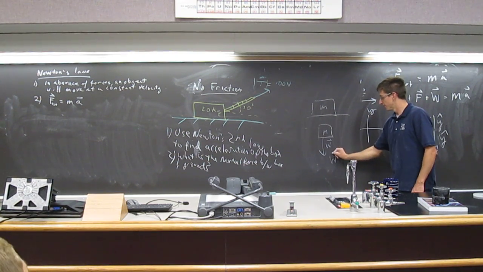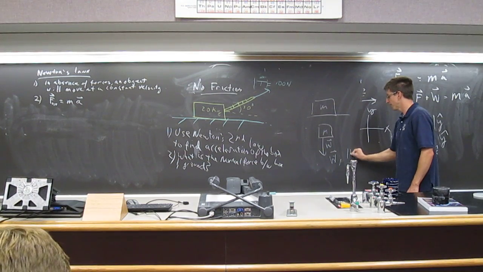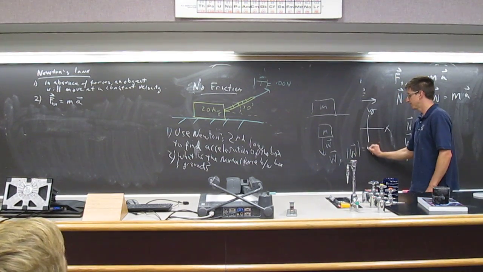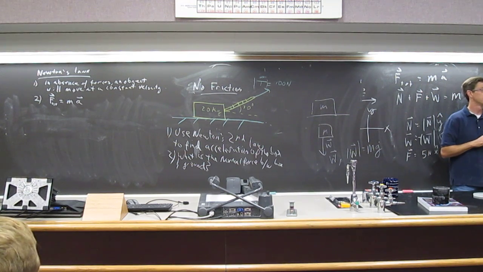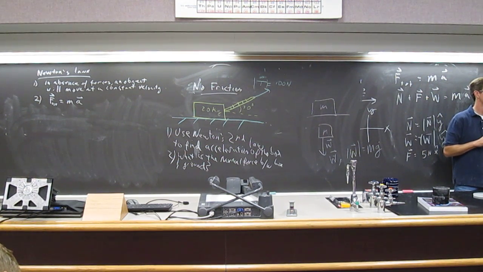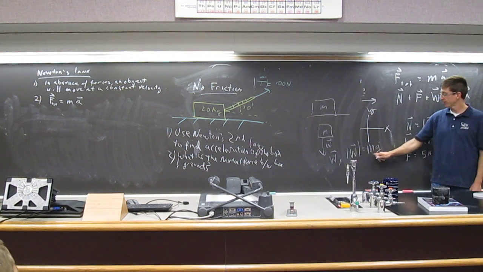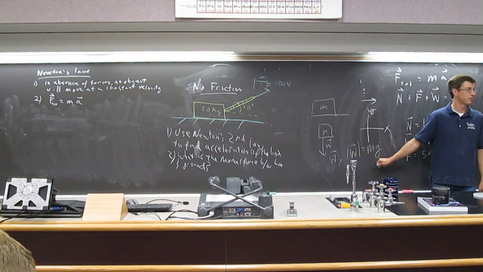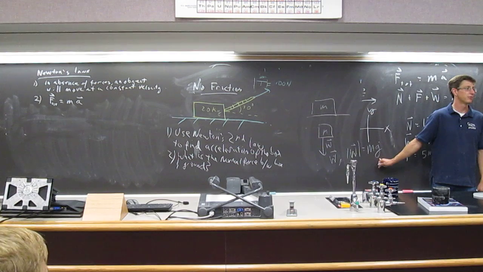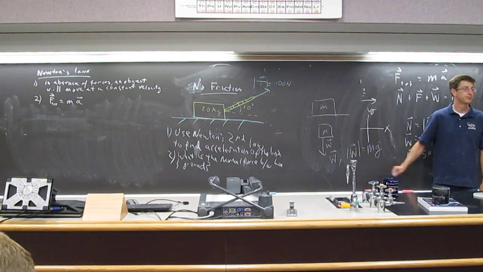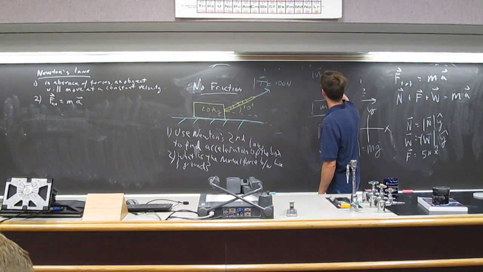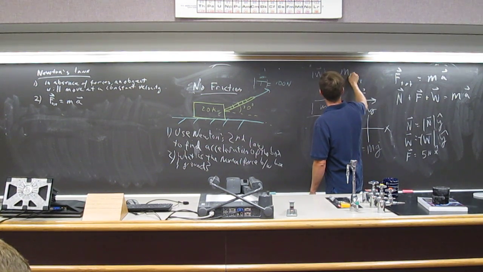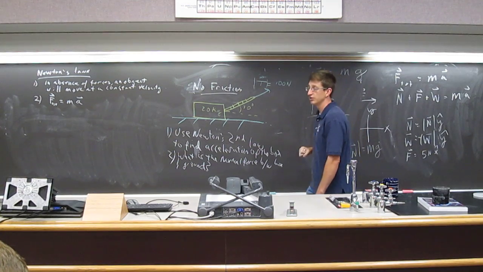The magnitude of that weight is m times g. Okay? Where that's the mass times g, which is the 9.8 meters per second squared. So the magnitude of the weight force, the gravity force, is mass times g.